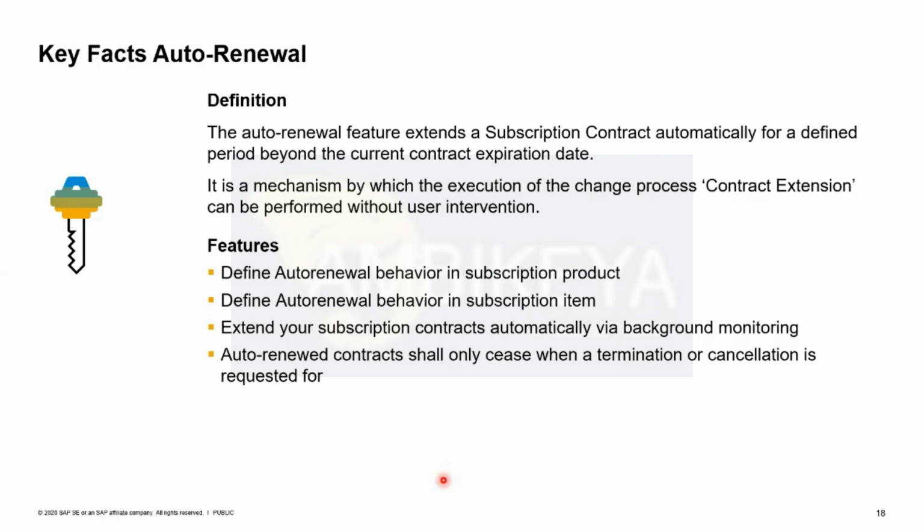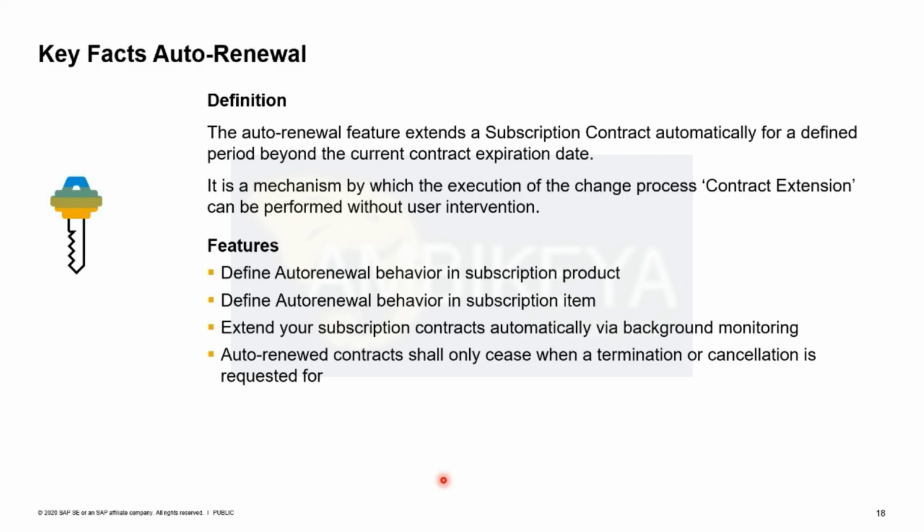For that reason, we introduced a feature called auto-renewal. How this feature works is that you define auto-renewal in a subscription product. At the product level, during product modeling, we can define whether auto-renewal should be supported for such a product or not.